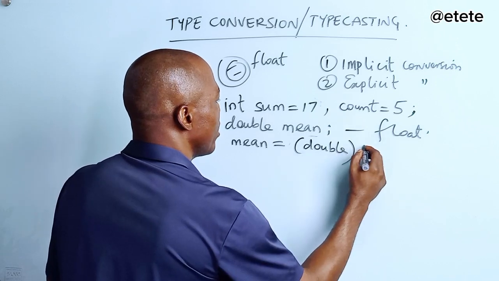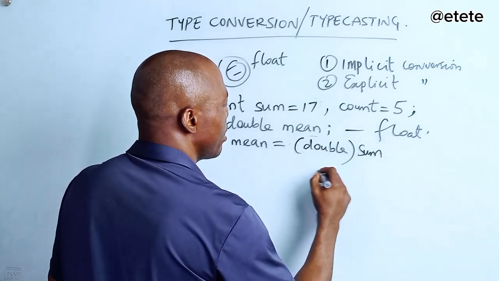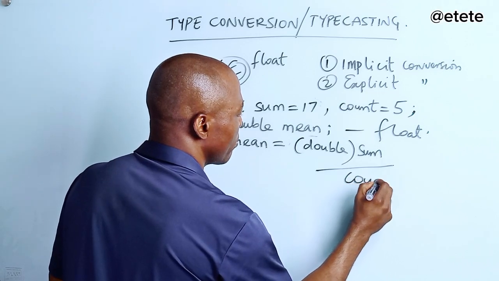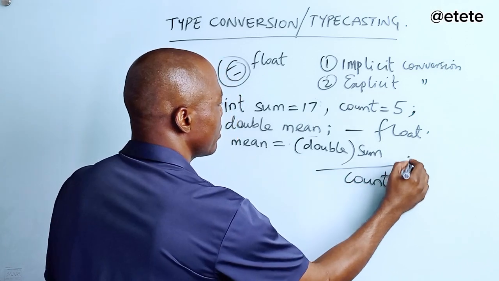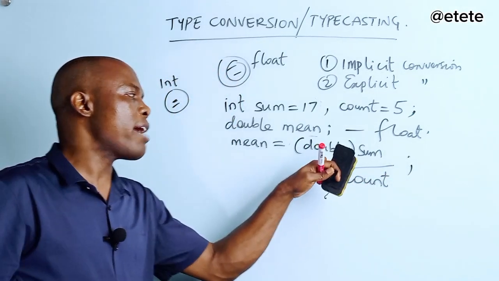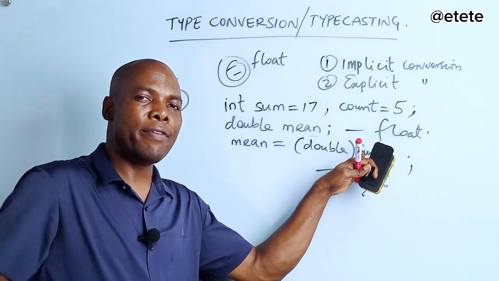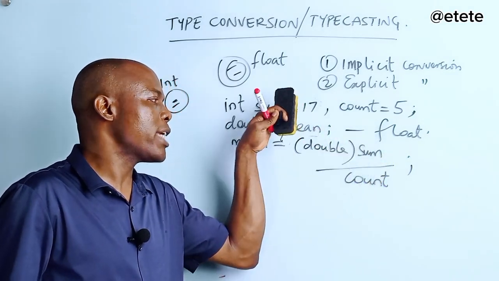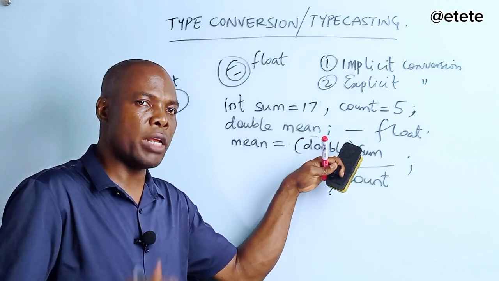And then I will say sum, then I will say count, right? Now, because I have done this promotion, I have explicitly typecast this sum from the integer RAM to the double RAM, which is the float RAM. I have promoted it.